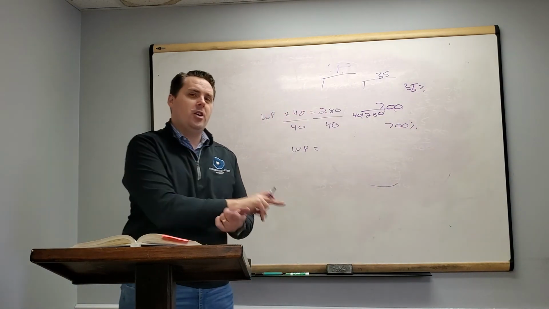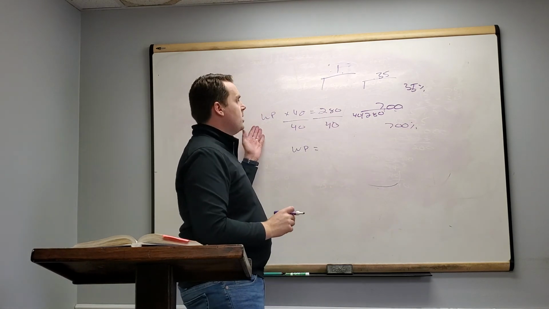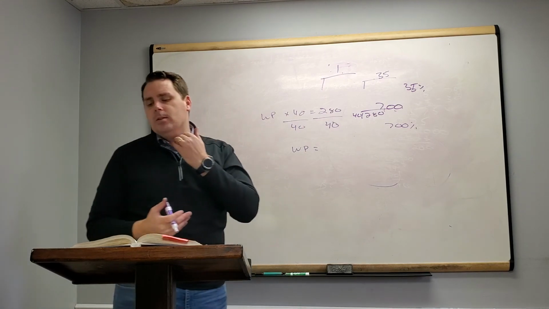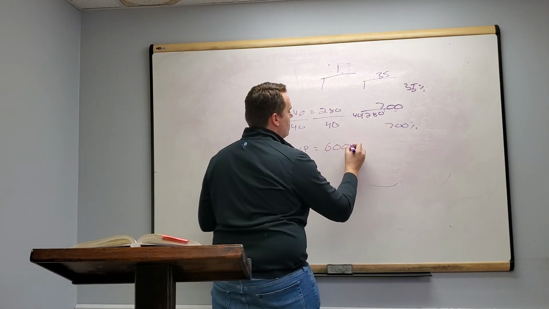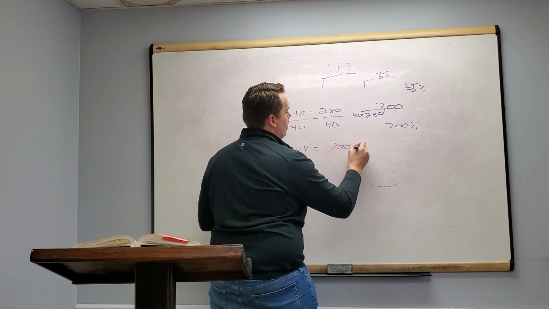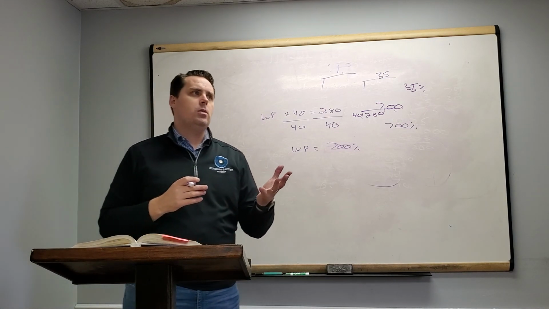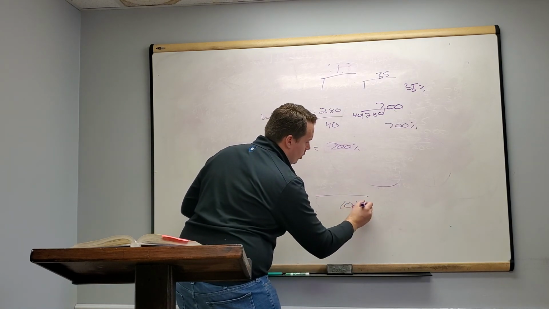Remember when we added 100% earlier to figure out the sentence? They gave us the sentence and already said it increased this much. So what I need to do is subtract 100 out of this. Although this is 700, it's now 700% of what it used to be. So remember, it was 100% already.